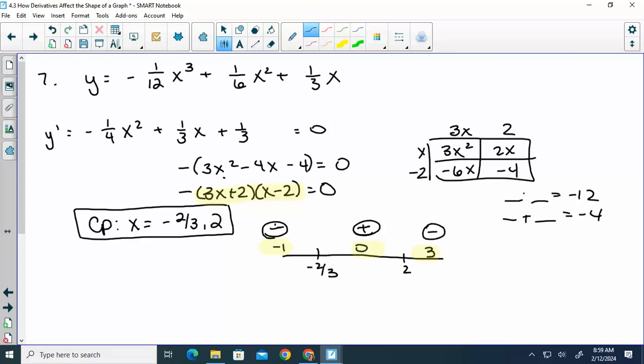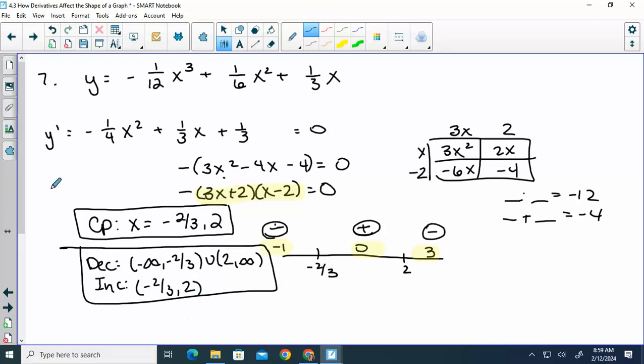So now we know my graph is decreasing from negative infinity to negative 2/3, and from positive 2 to infinity. And it is increasing in the middle, from negative 2/3 to positive 2.